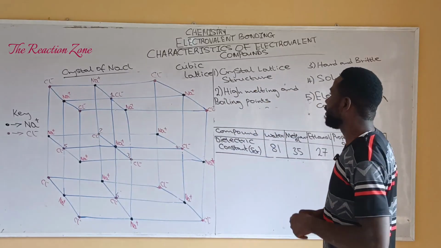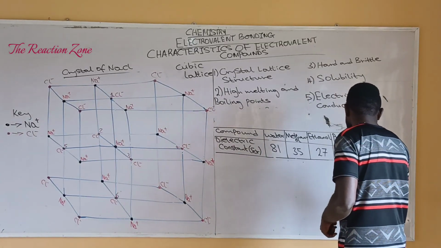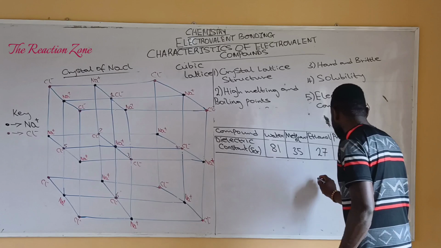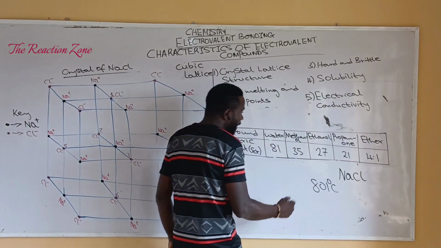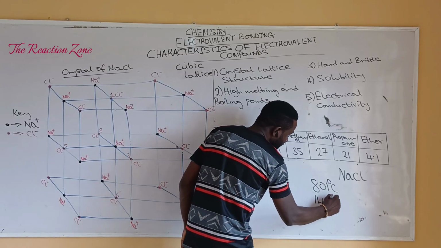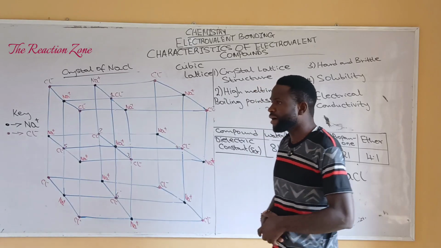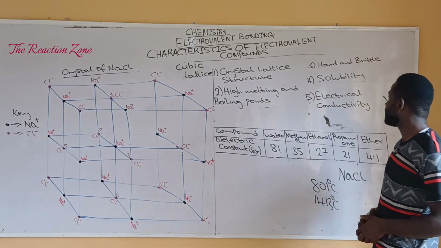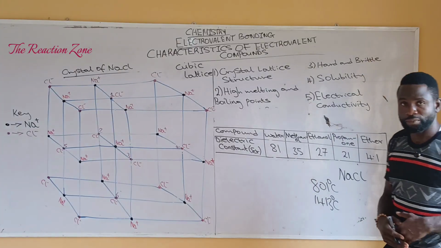For instance, sodium chloride, NaCl, has a melting point of 801 degrees Celsius and a boiling point of 1413 degrees Celsius. The third characteristic of electrovalent compounds is that they are hard and brittle.